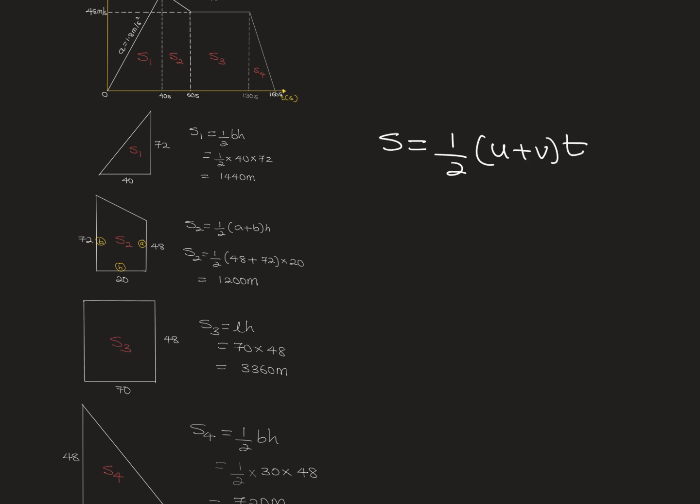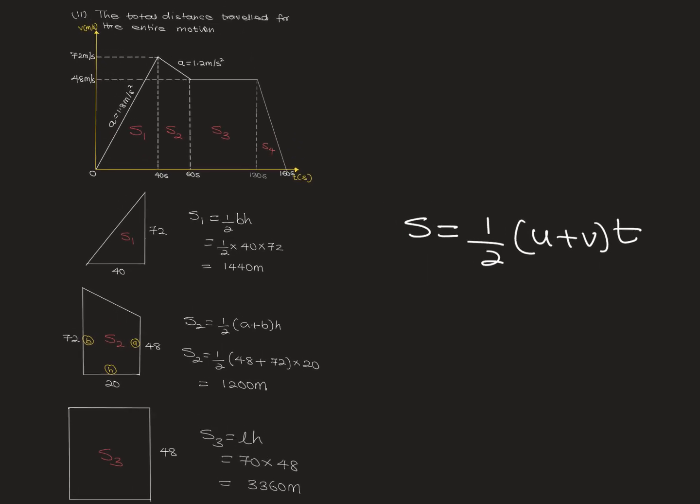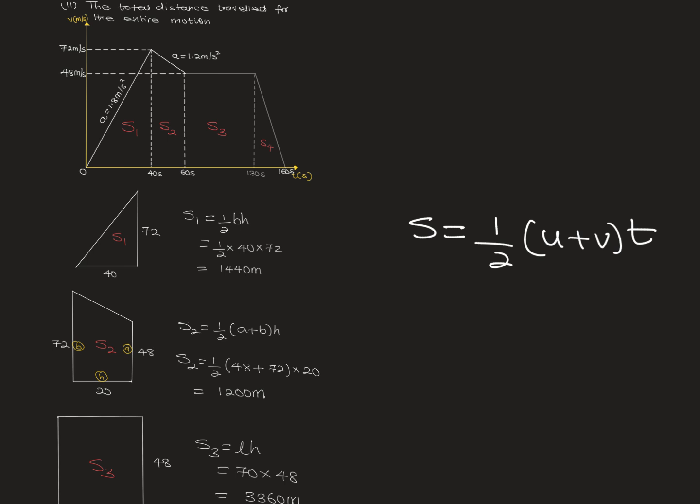So for example, if I want to know the distance that is traveled for the first phase of the motion, that is S1, I know that the initial velocity is 0, the final velocity is 72, and the time interval is 40. So if I insert those values into this equation, I should have an answer that is the same as 1440 meters. Let's try to do that and see.